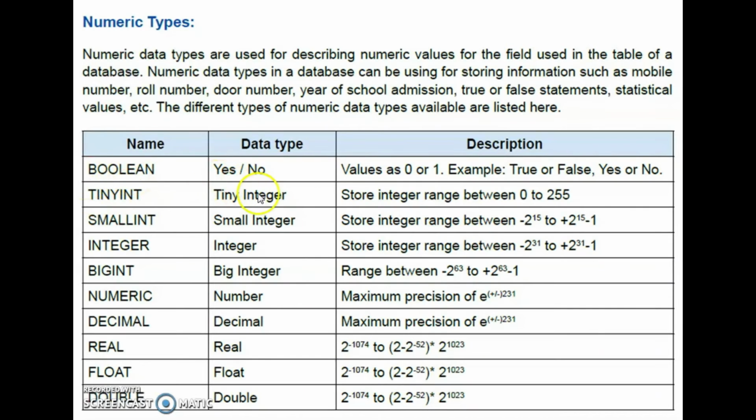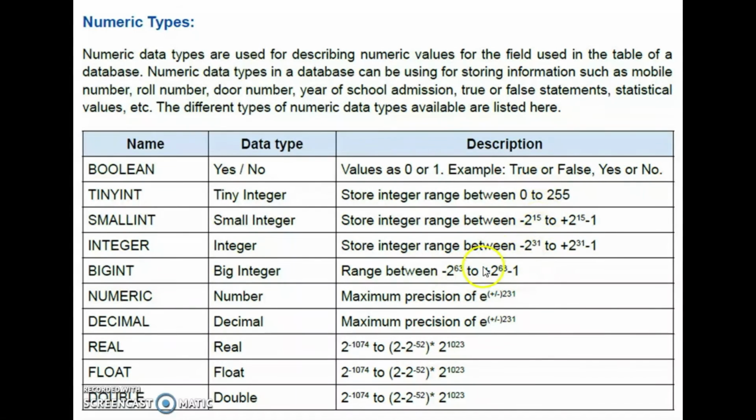First one, Boolean. That means yes or no or true or false values. Tiny int, integer values. Small int, small integer values. Integer, integer values we can store in that particular field. The range is different in these all integer types. Tiny int, small int and integer. Big int, that range also between this one to this one.